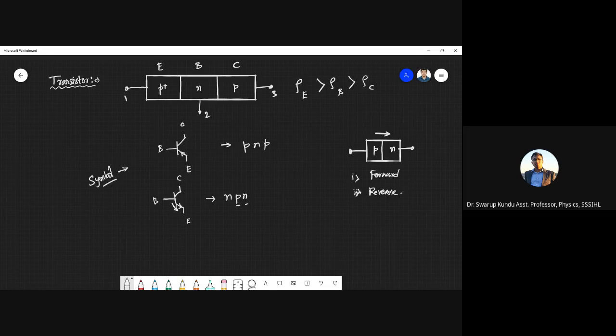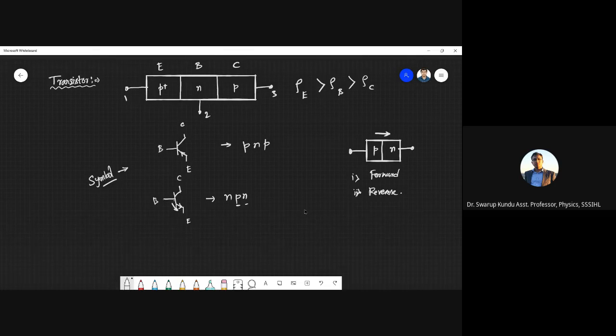Now, the transistor is a voltage controlled current source. We'll see that. We basically control the current within the terminals of the transistor by controlling voltage. You can call the transistor a voltage controlled current device. We'll see that part.